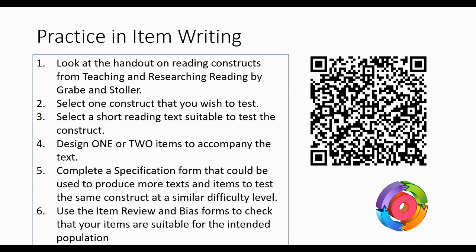Complete a specification form so that other people could produce similar items of the same construct to a similar level of difficulty. And then last but not least, use the item review and bias forms to check that your items are suitable for the intended population.